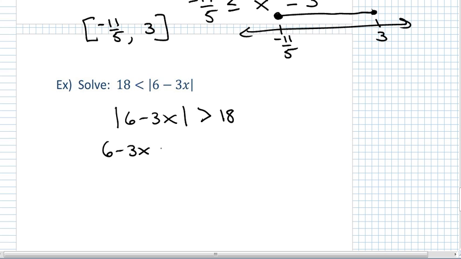But what we can do is we set up two inequalities. 6 minus 3x is greater than 18. 6 minus 3x is less than negative 18. And then we solve. So when you subtract, you get negative 3x is greater than 12.